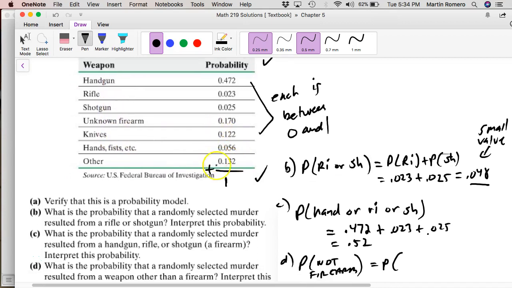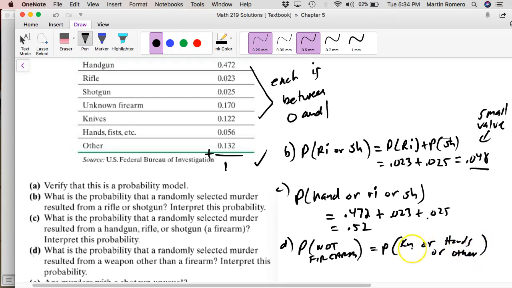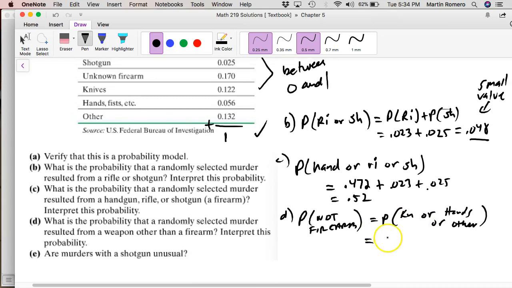So it's going to be these three here. You're just going to add up those probabilities. Your answer would be 0.122 plus 0.056 plus 0.132. So the probability of all that together should be about 0.31.